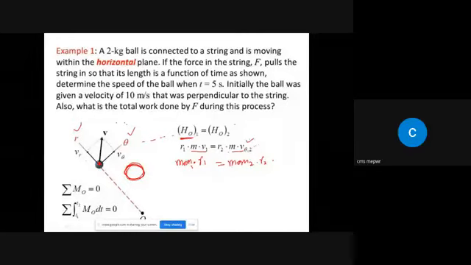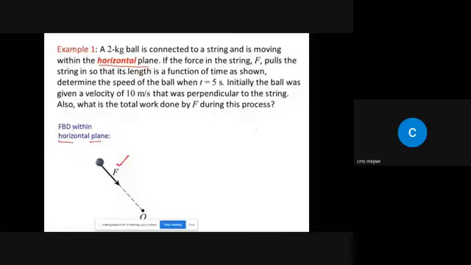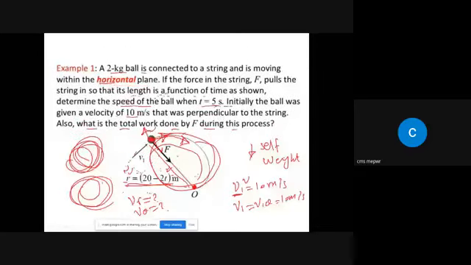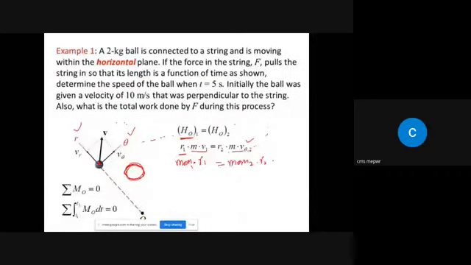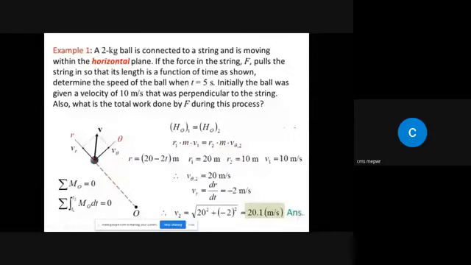What is r1? r1 is basically the radius, and for r we have the equation r is equal to 20 minus 2t. At t equal to 0 it will have one value, and at t equal to 5 seconds the value will change.